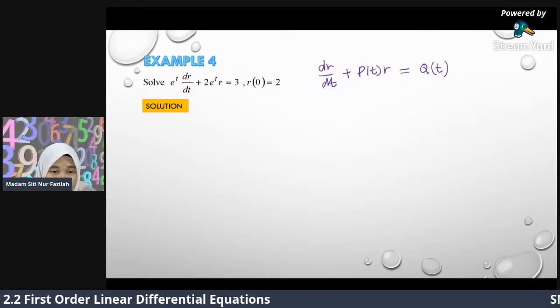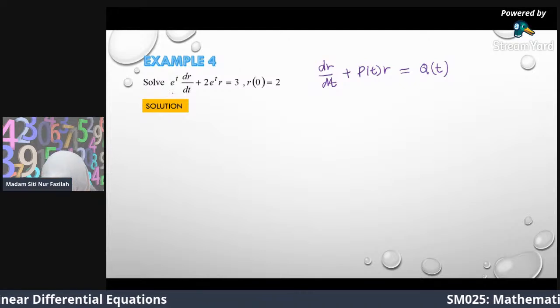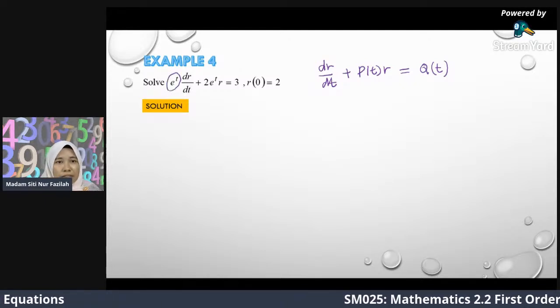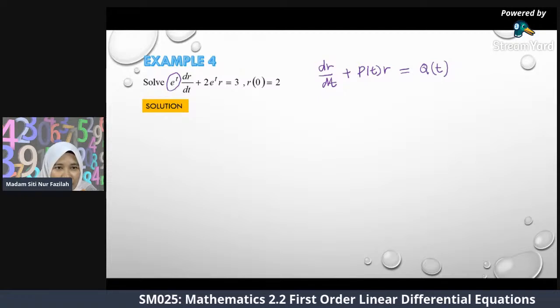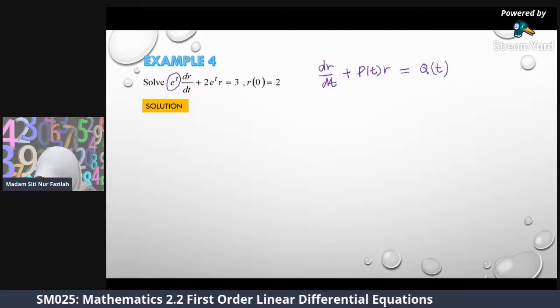When we look at the equation, we have e^t at the side of dr/dt.